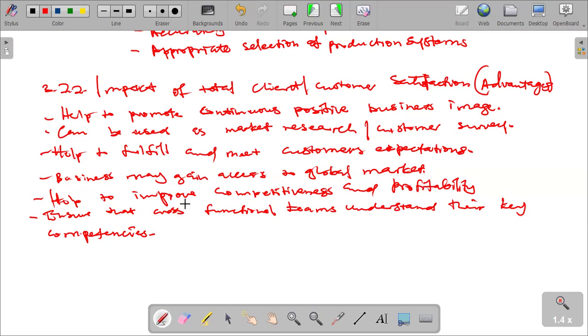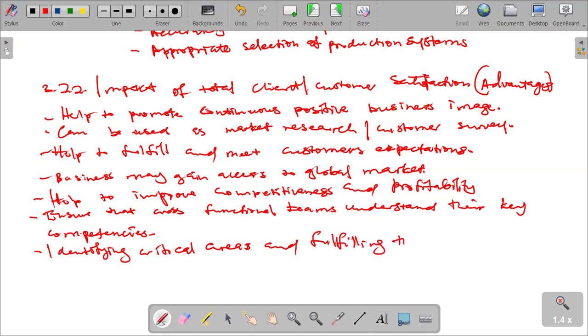And then it helps in aligning cross-functional teams across critical areas, identifying critical areas and fulfilling them.